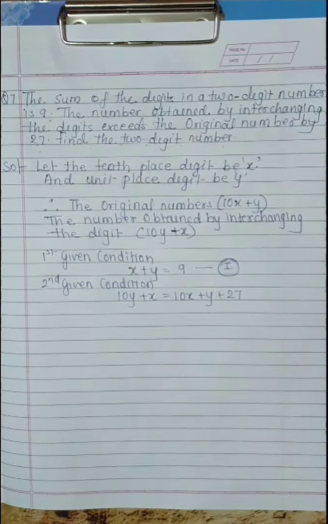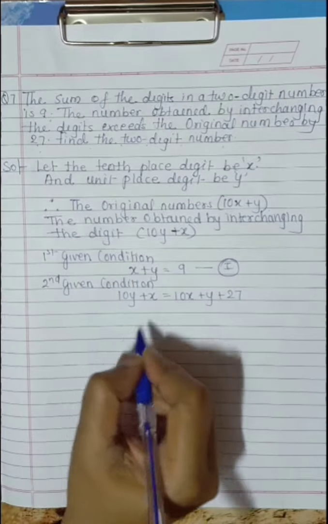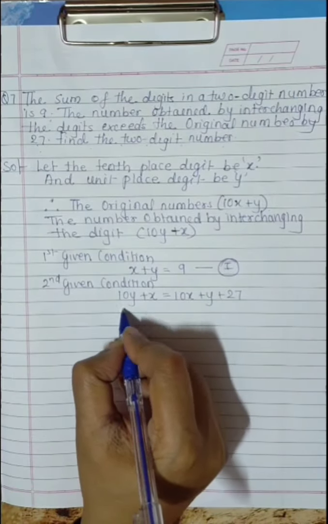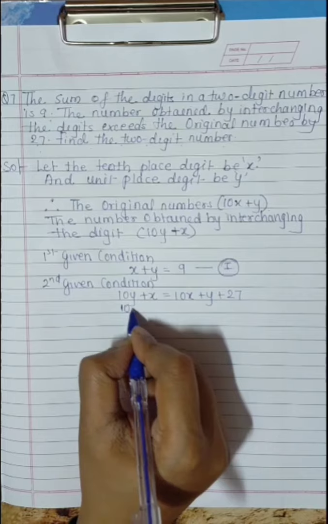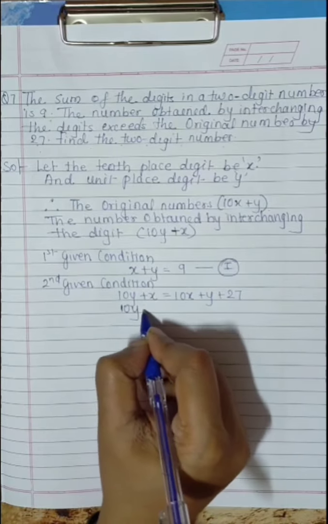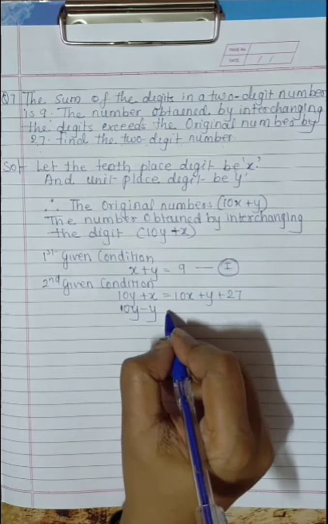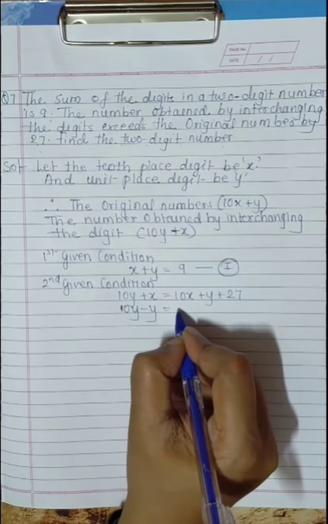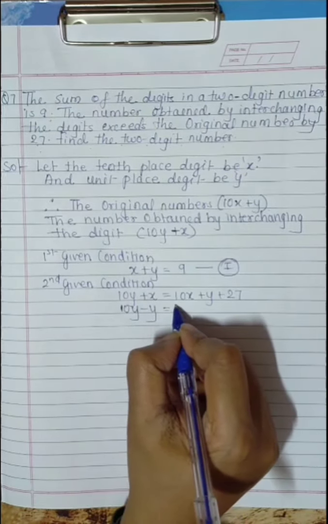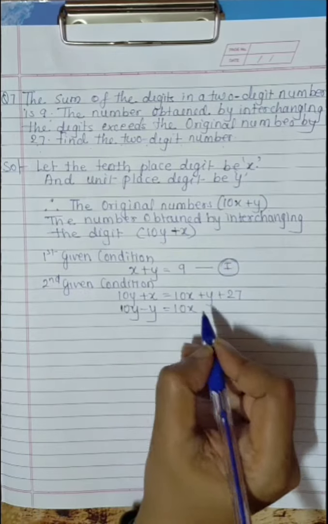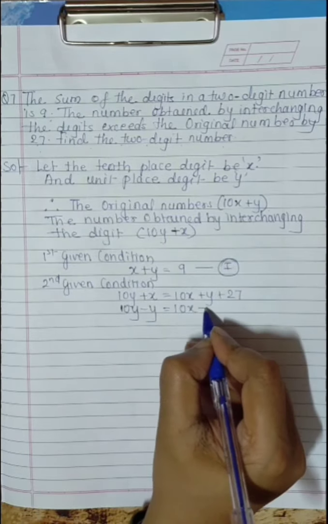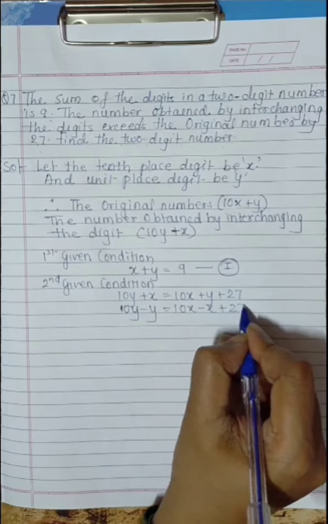Okay. Now this will come 10y minus y equal to 10x minus x plus 27.